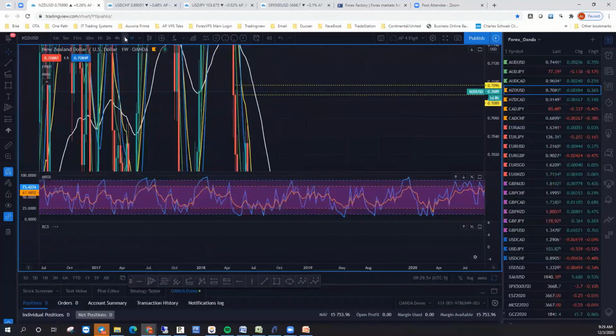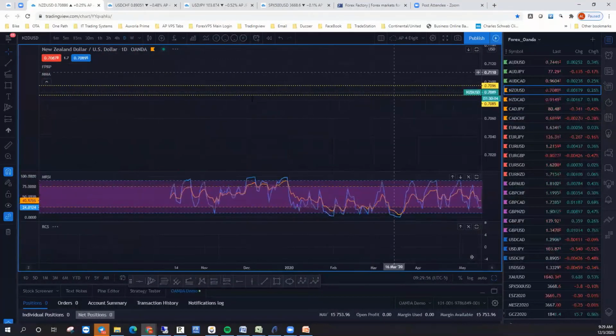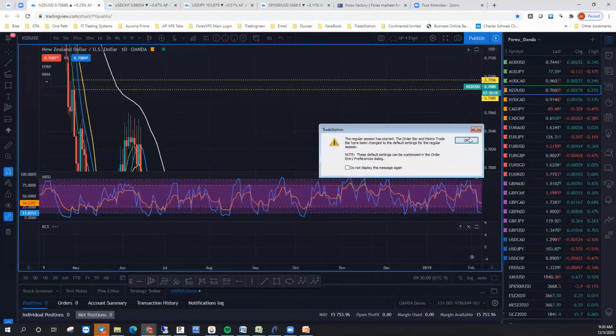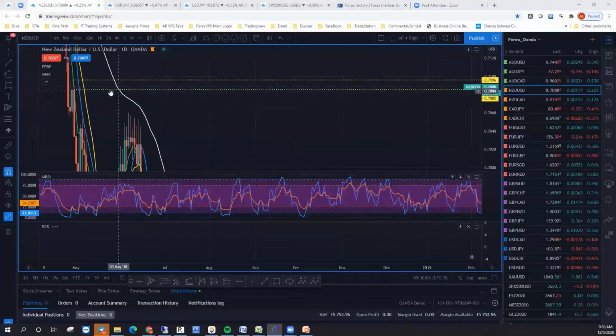I found my daily. And the market just opened up. But there were some wicks here, and the price was all the way up here around the 70, 72 area. So we knew we were up in this area, and these were the wicks.